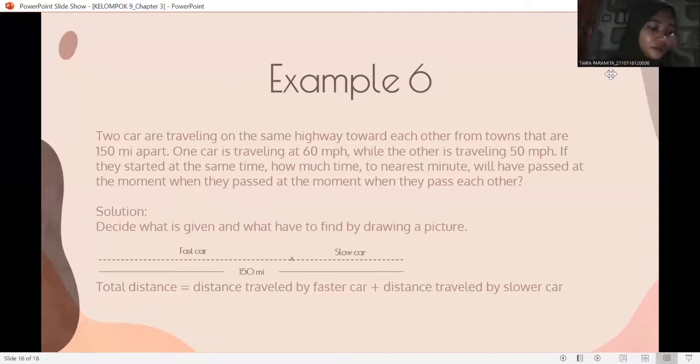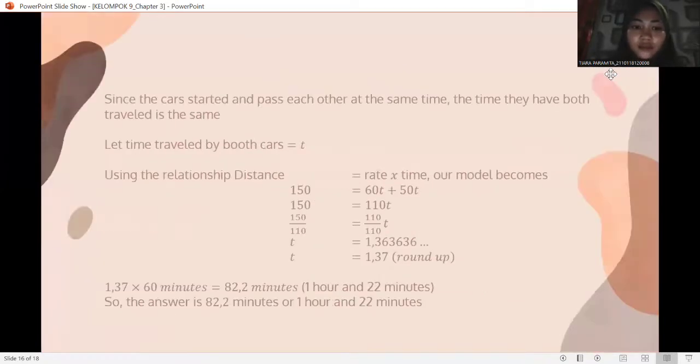Okay, on the right is the slow car and on the left is the fast car. The total distance is the distance traveled by the faster car plus the distance traveled by the slower car, which is 150 miles. Since the cars started and passed each other at the same time, the time they have both traveled is the same.